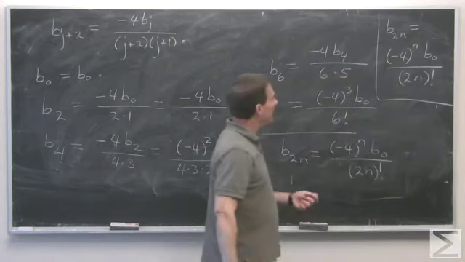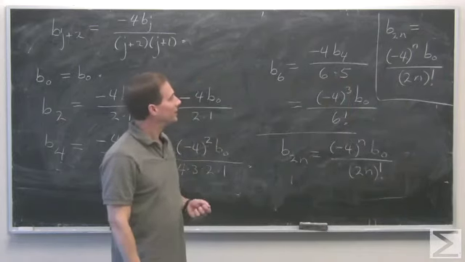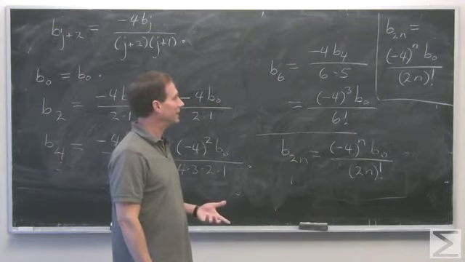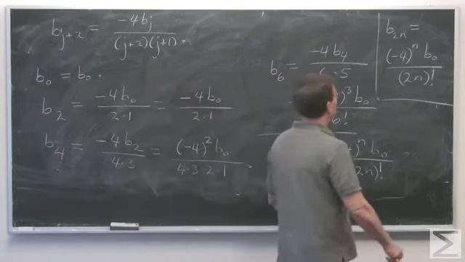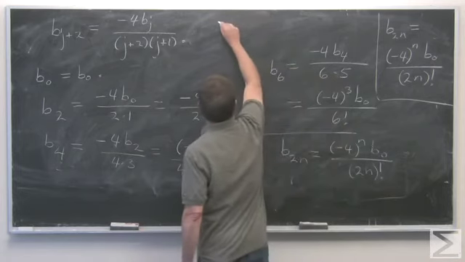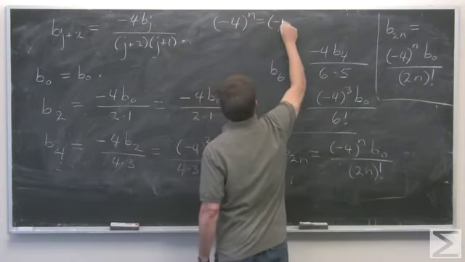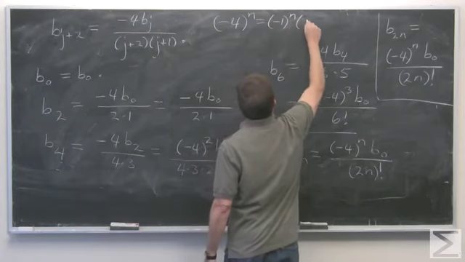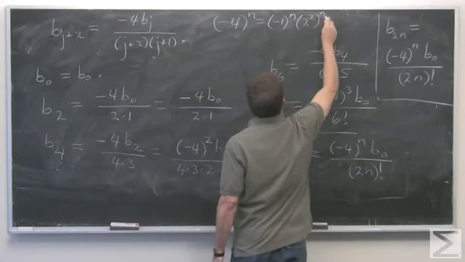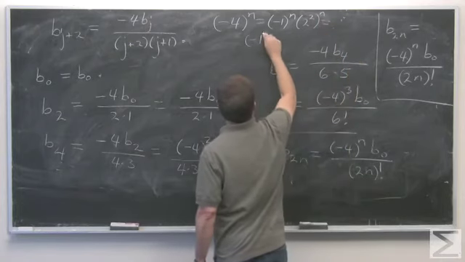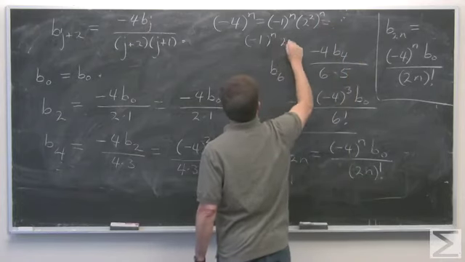If you want to write everything in terms of 2n, you can get a little tricky. You can write, and I am going to do this, minus 4 to the n is certainly minus 1 to the n times 2 squared to the n. So it's minus 1 to the n times 2 to the 2n.